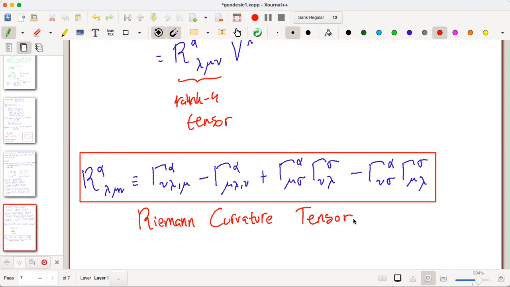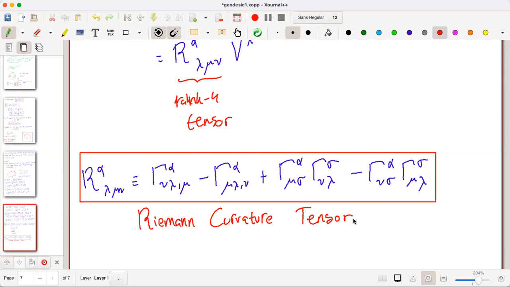Now, we name it the curvature tensor not for no reason. This tensor characterizes whether a manifold is curved or not. If a manifold is curved, then this Riemann curvature tensor must not be 0.